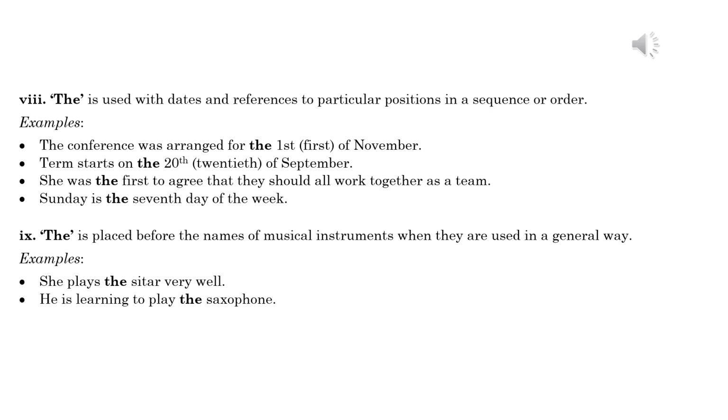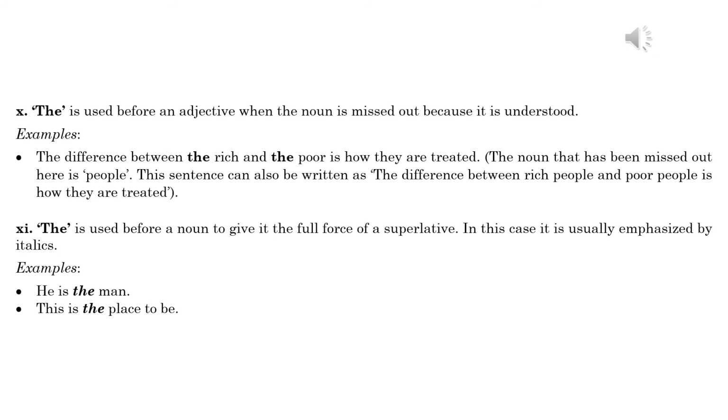9. The is placed before the names of musical instruments when they are used in a general way. Examples: She plays the sitar very well. He is learning to play the saxophone. 10.